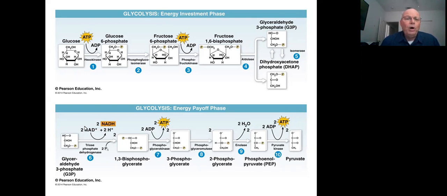And that's the reason why it's not one NAD plus, but 2 NAD pluses that are required in this step. And in this step, some electrons are released that can be used to reduce NAD plus to NADH. So we get 2 NADHs. Here's a capture of some electrons as energy.